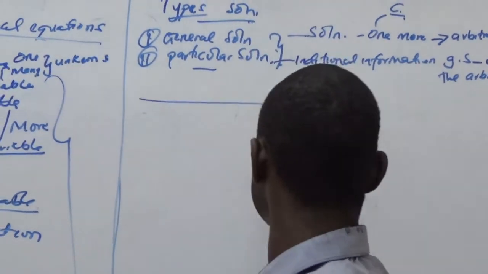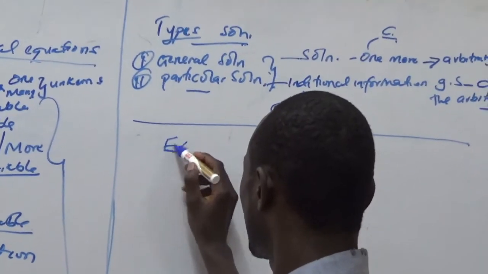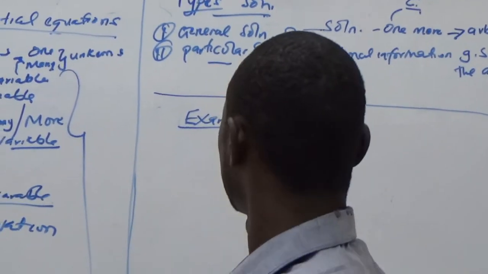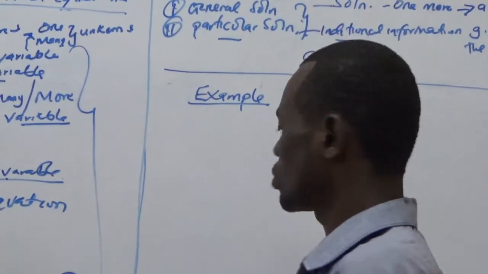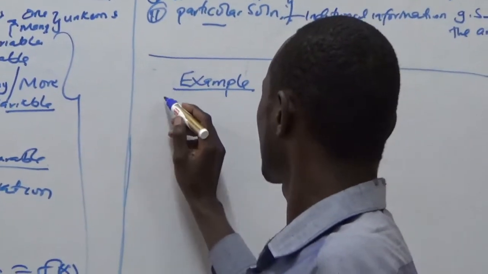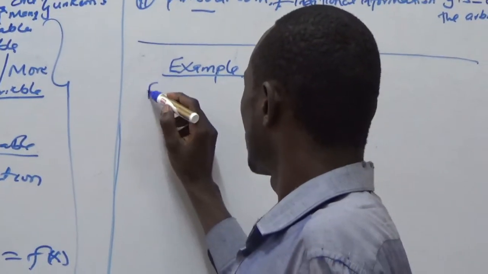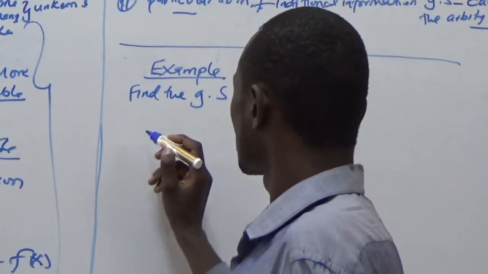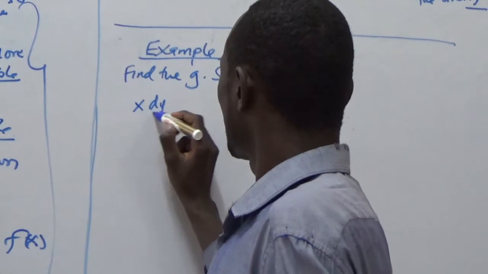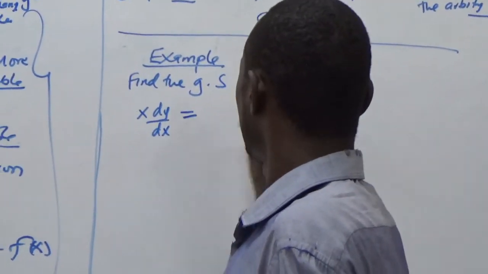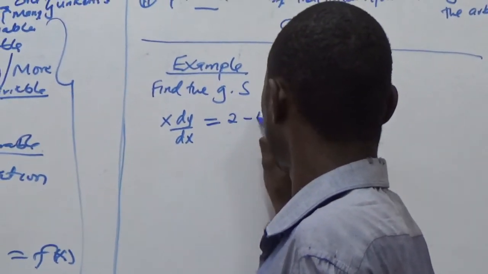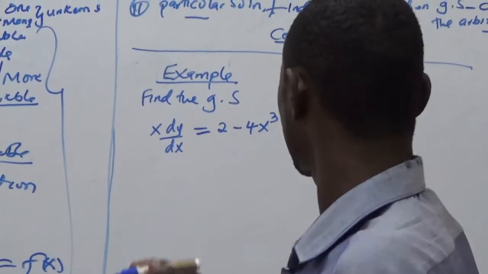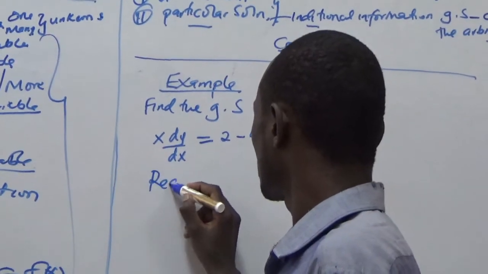So to differentiate the two, let's have a quick example to know what are these general solution and particular solution. We are told to find the general solution of an equation. Let's say x dy over dx equals 2 minus 4x cubed. In this case, the first thing, you rearrange the equation.